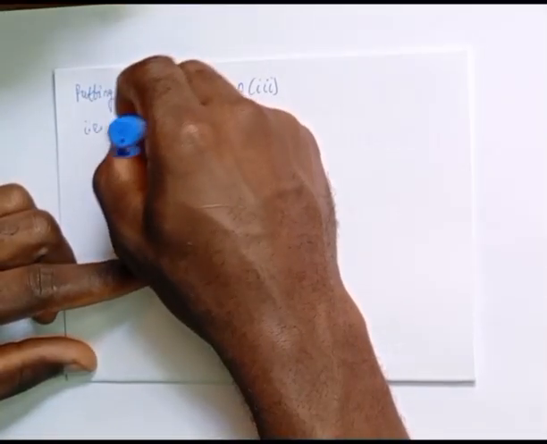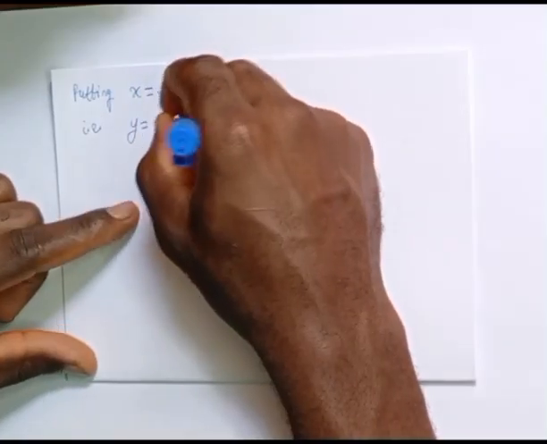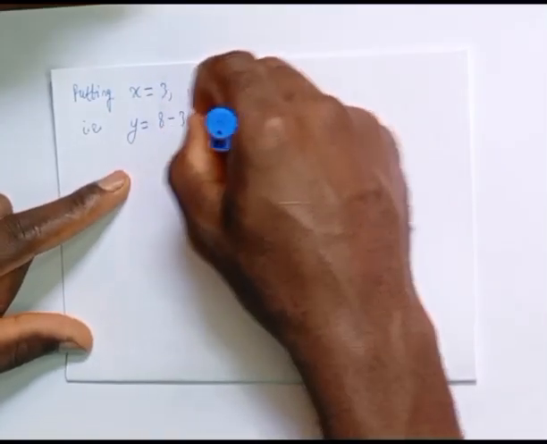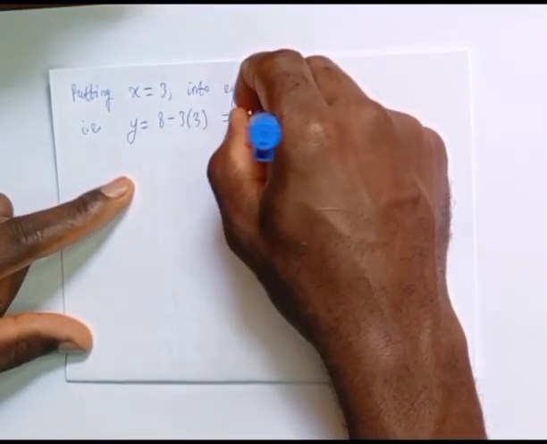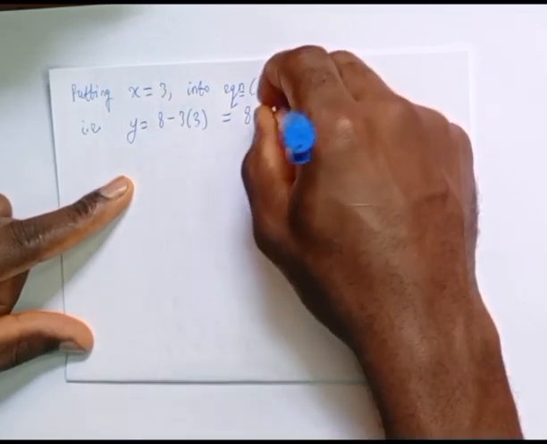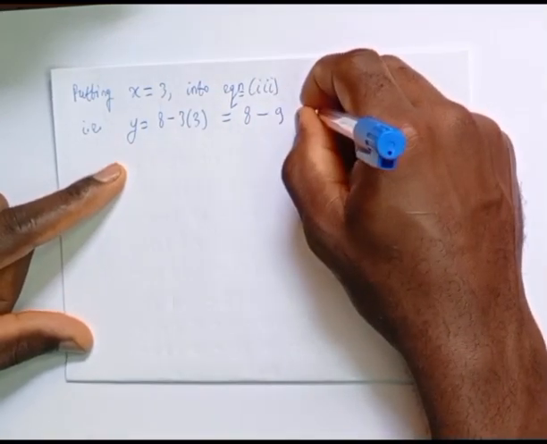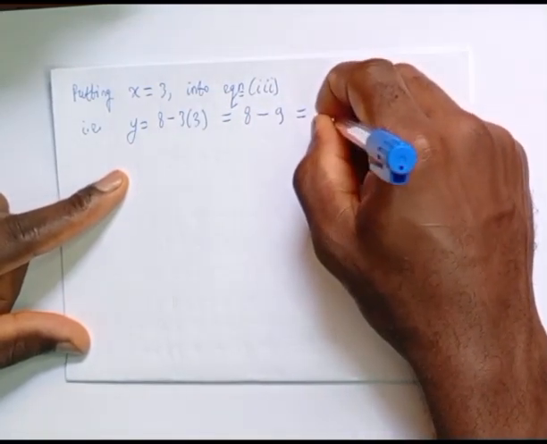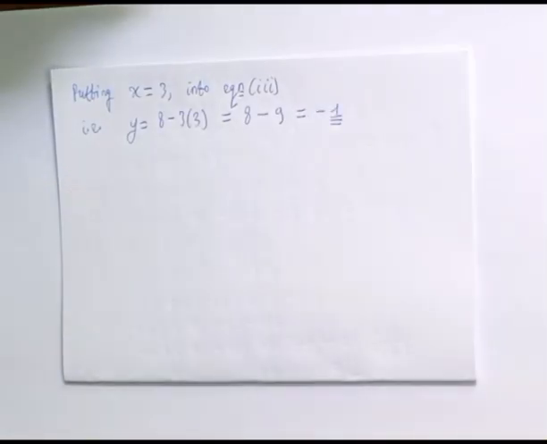That is, y will be equal to 8 minus 3 times 3, which is equal to 8 minus 9, since 3 times 3 gives us 9. 8 minus 9 gives us negative 1. The value of y is negative 1.